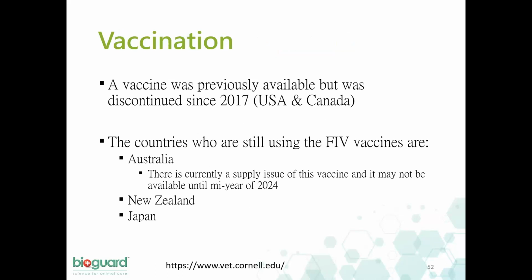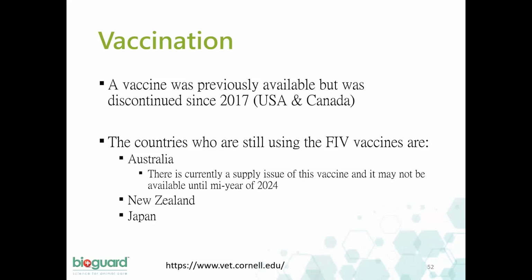For vaccination, a vaccine was previously available but was discontinued in 2017 in the US and in Canada due to its ineffectiveness in protecting cats from the virus.